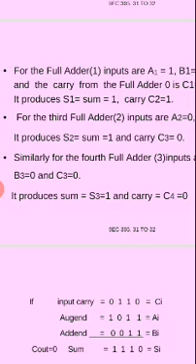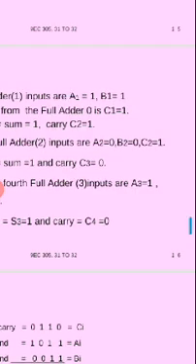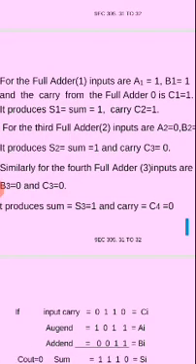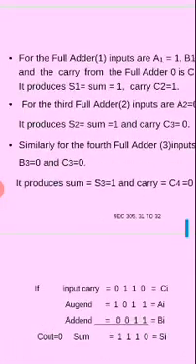For third full adder, inputs are A2 0, B2 0, C2 1. It produces S2 equal to 1, carry equal to 0.